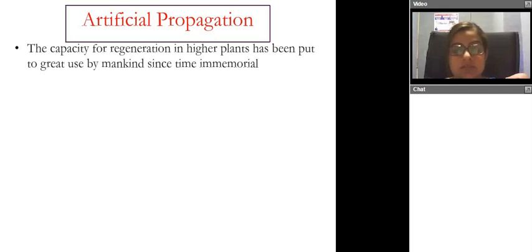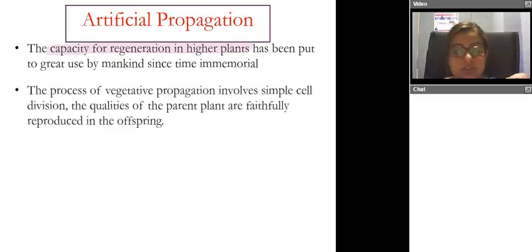The capacity for regeneration in higher plants has been put to great use in the process of vegetative propagation. In this process, a single cell divides, and the qualities of the parent plant are reproduced in the offspring.